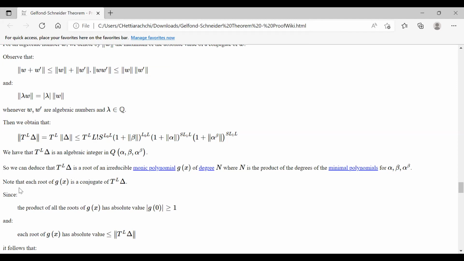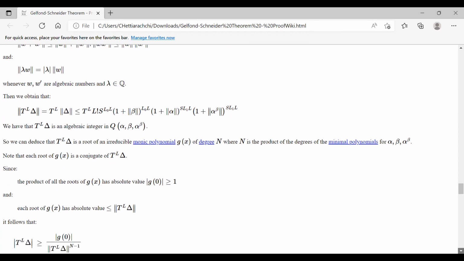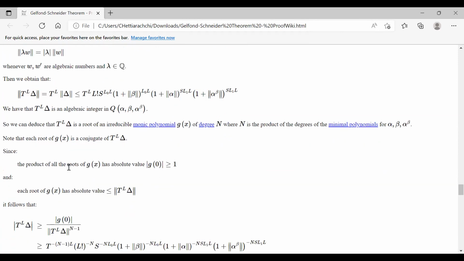Now we know that each root of g of x is a conjugate of T to the L delta, by definition of conjugates. Then the product of all the roots of g of x has absolute value greater than or equal to 1, and each root of g of x has absolute value less than the norm of T to the L delta.